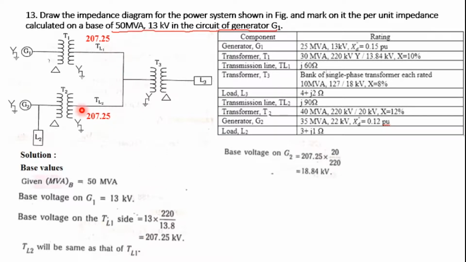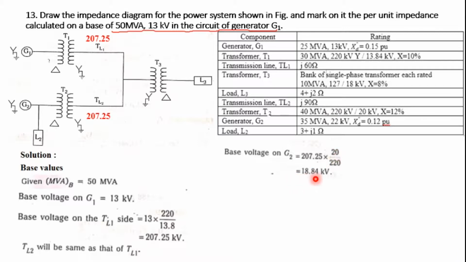Then we have to calculate the G2 value. This is the LV side, equal to the ST side. The voltage we already got is 207.25, into the ratio for transformer T2, which is 20 divided by 220.